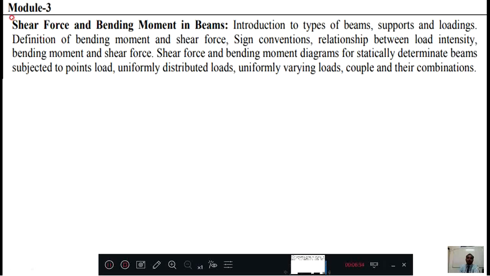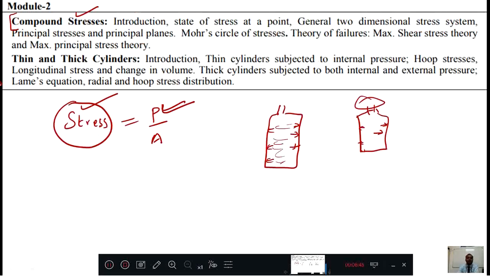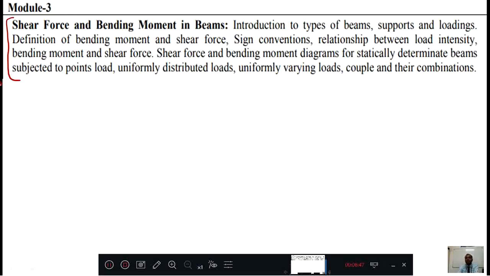This chapter is very important for civil engineering, and these two chapters are very important for mechanical engineering and civil engineering and some other applied mechanics and some other engineering branches. But shear force and bending moment in beams is very important for civil engineering students.